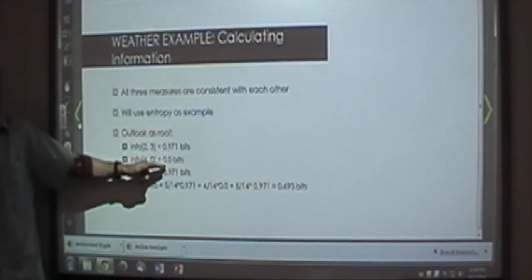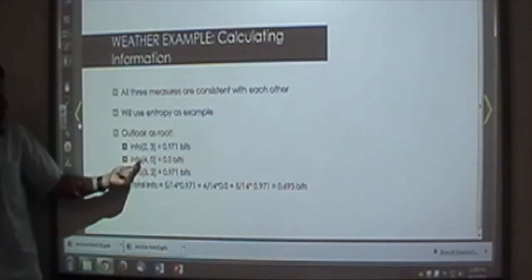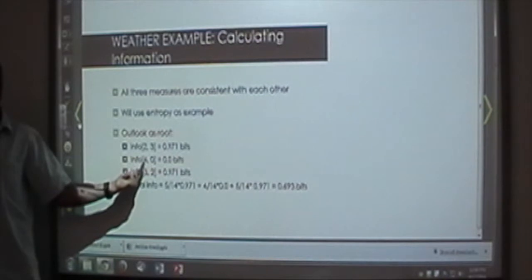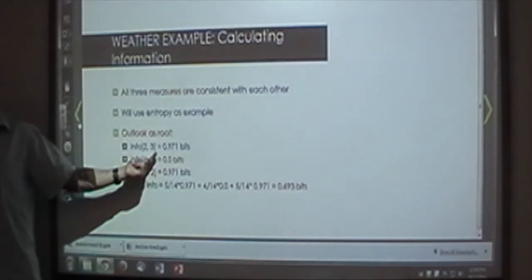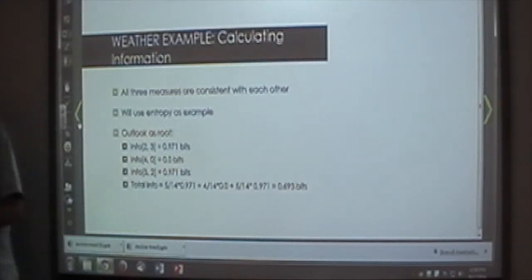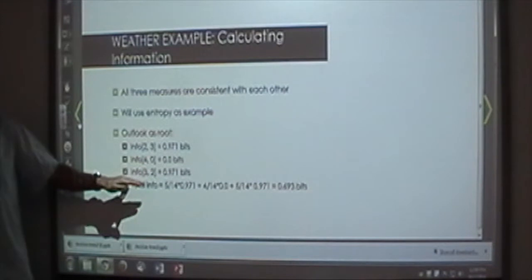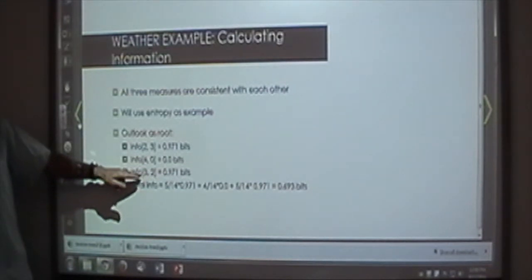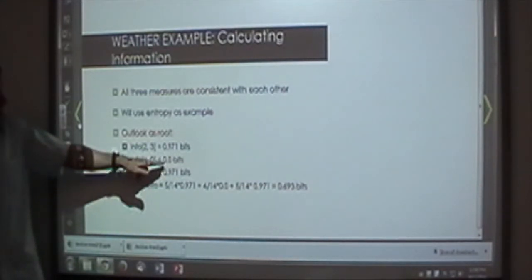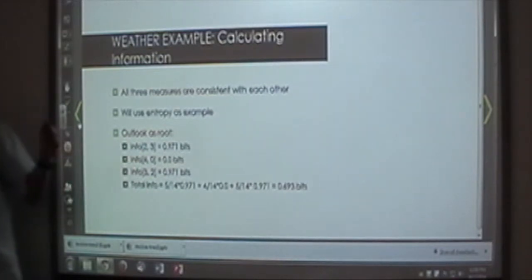And so your information there ends up being 0, which is 1 log 1 plus 0. And then similarly, info of the last branch, rainy was 3, 2. Again, by symmetry, it was 0.971.